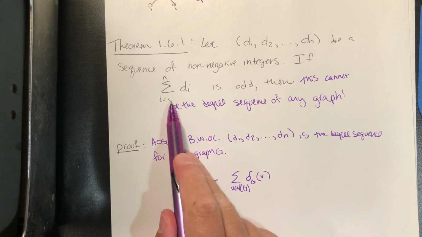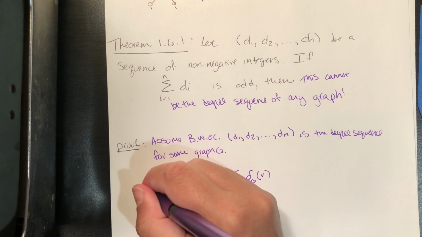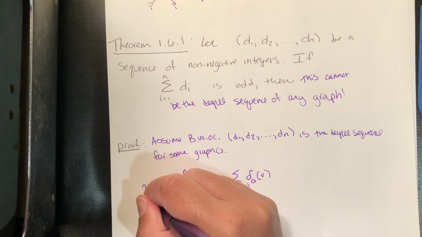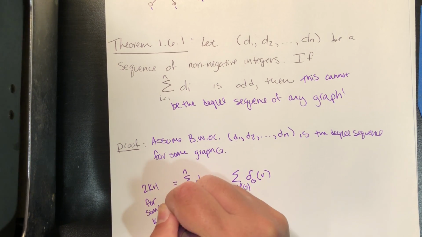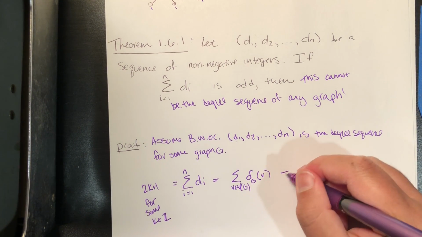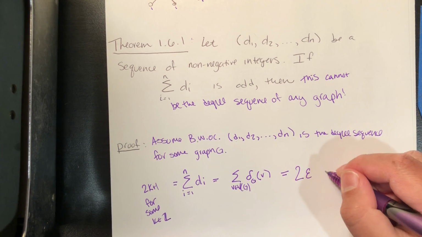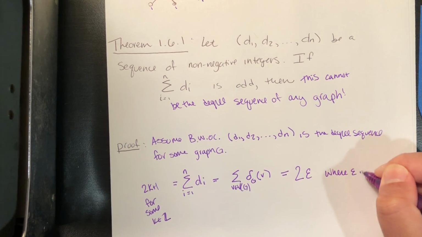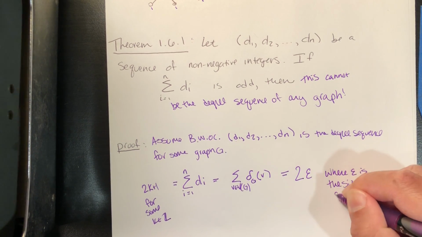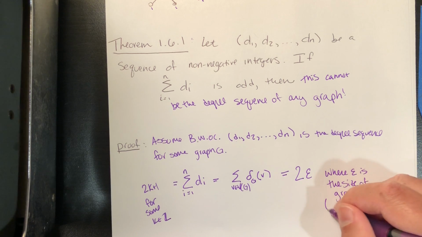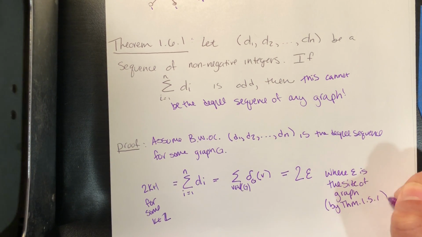Now, we know from our assumption here that this sum has to be odd, which means we can express it as 2k plus 1 for some integer k. But we also know that this is going to be equal to 2 times epsilon, where epsilon represents the size of the graph. And we know this is true by theorem 1.5.1 from last time.